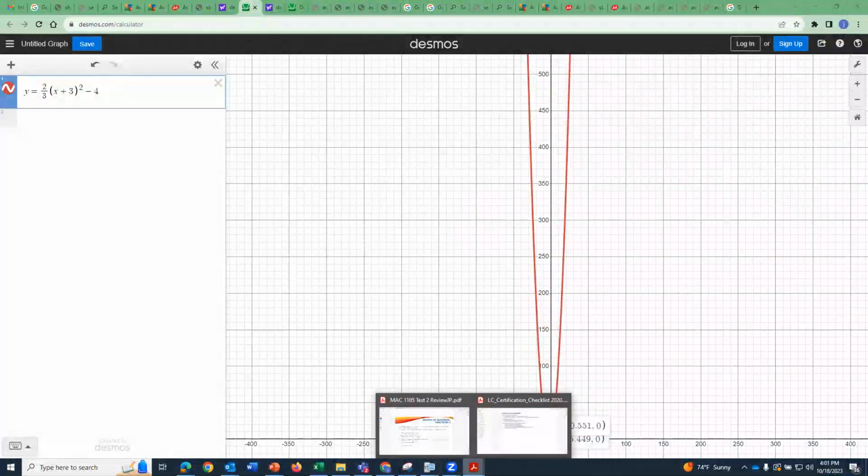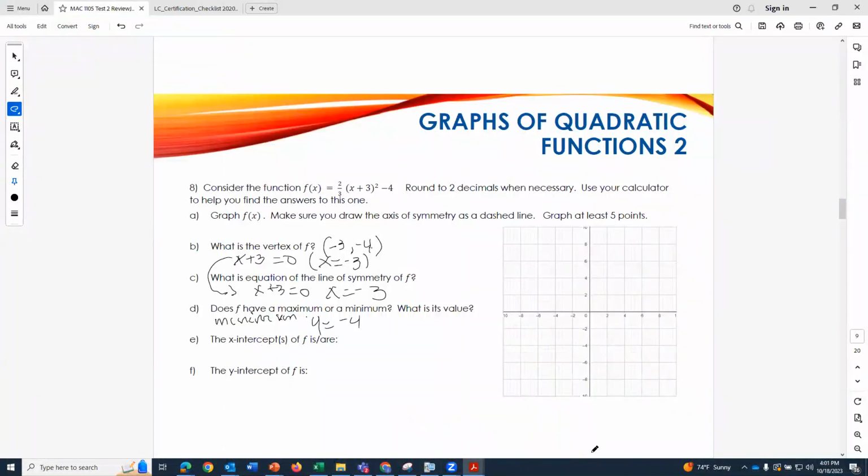Let's go back to that one, and we just get it from Desmos. It was negative 5.450 and negative 0.550.